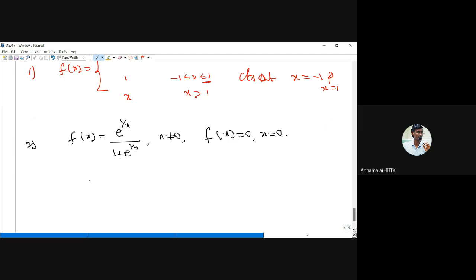Now, what can you say about f? F is dash at some point. First, you have to guess which point we have to check. For x equal to 0, we have to check. Is it continuous or discontinuous?